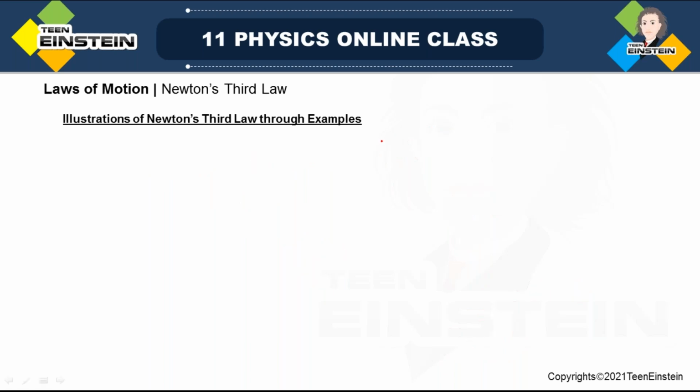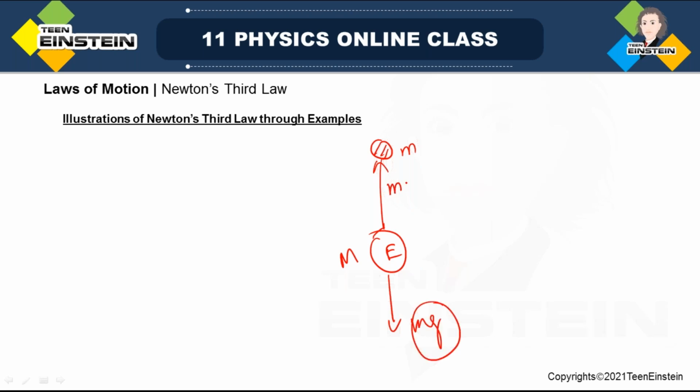See, if this is a stone, this is earth, so earth also will be pulled by this small stone, but you may not be believing. So this is reaction. With the same equal and opposite force, suppose the object has force mg on it, and this reaction also will be exactly equal to mg.